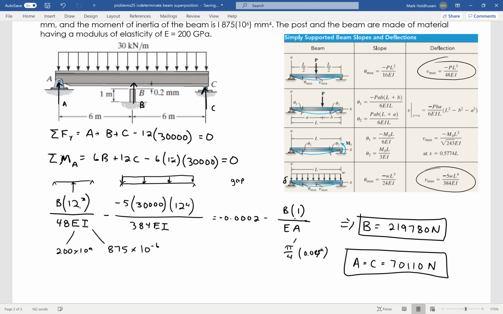So that's how you take care of that. Break it up, find the deflection of each load, and then set that equal to the total deflection, which would be the gap plus the deflection due to the compression of that post.